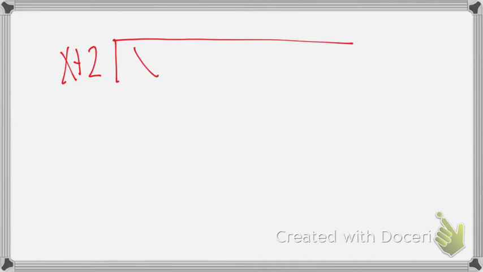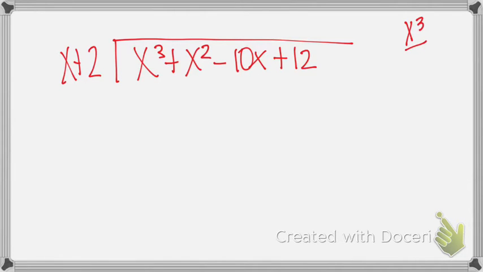And then we have x cubed plus x squared minus 10x plus 12. So we start by saying x cubed divided by x is x squared. Then we multiply.